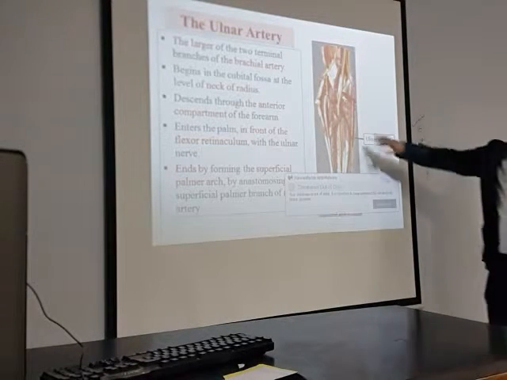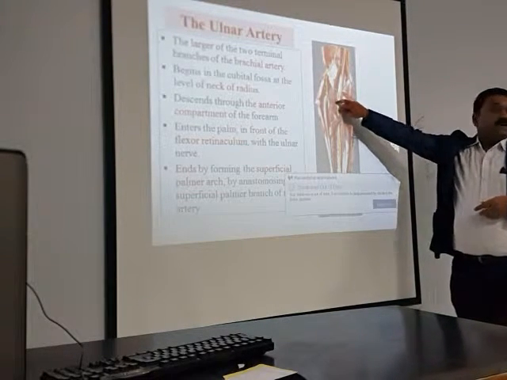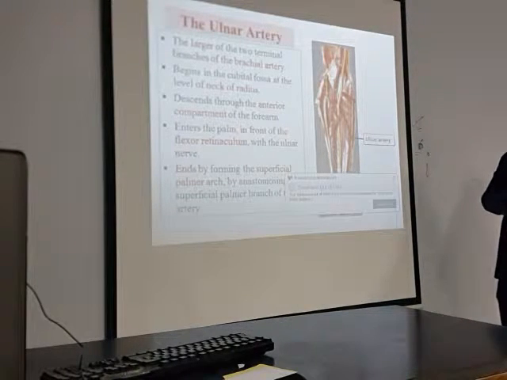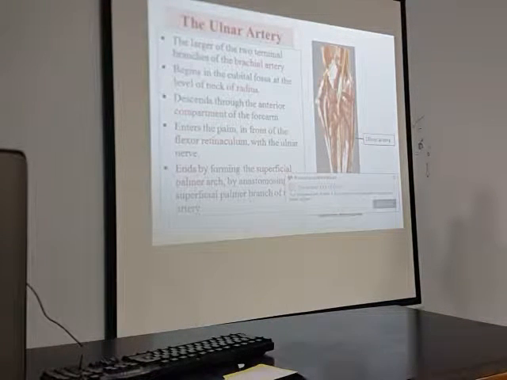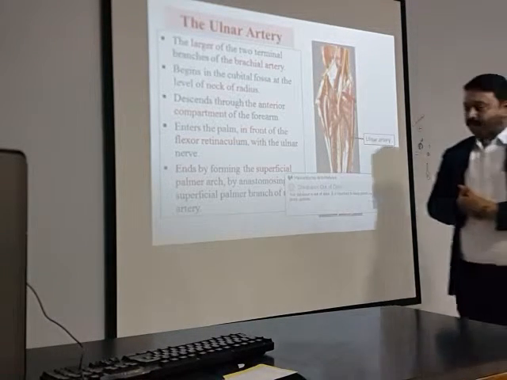And it begins in the cubital fossa at the neck of the radius, isn't it? And descends through the anterior compartment of the forearm and enters the palm in front of the flexor retinaculum, okay, which forms the superficial palmar arch, isn't it?